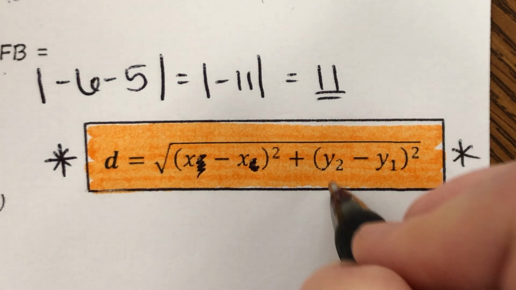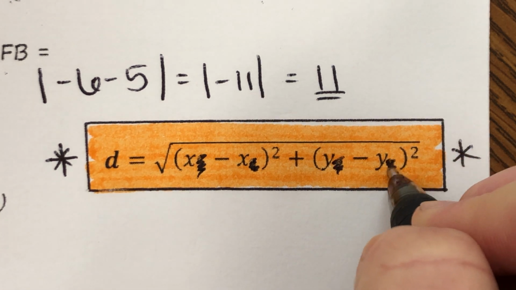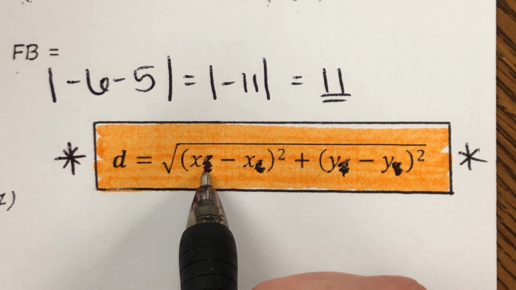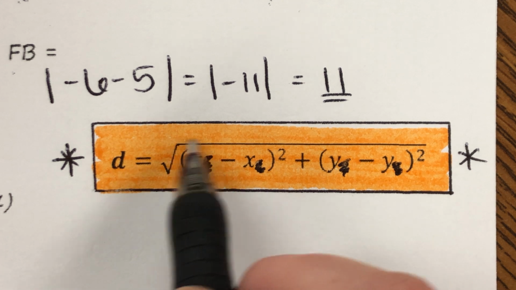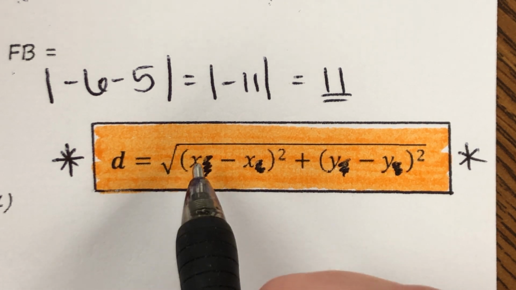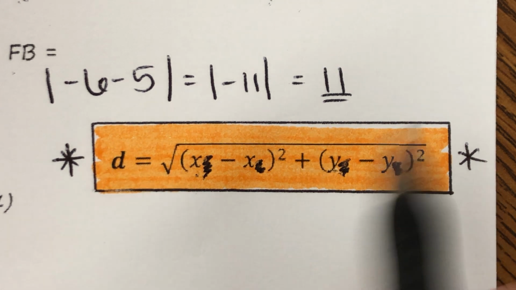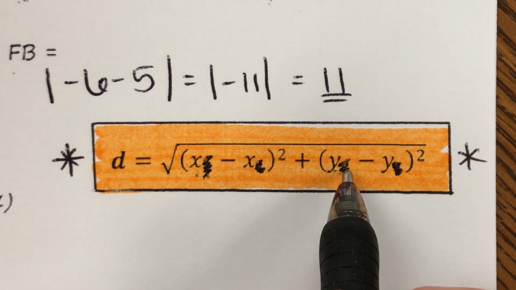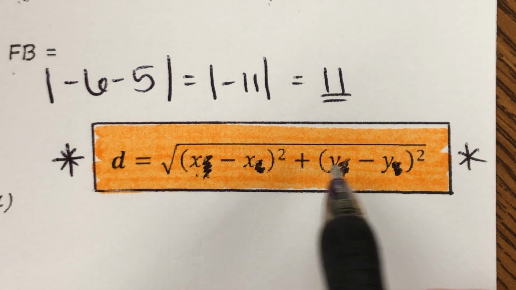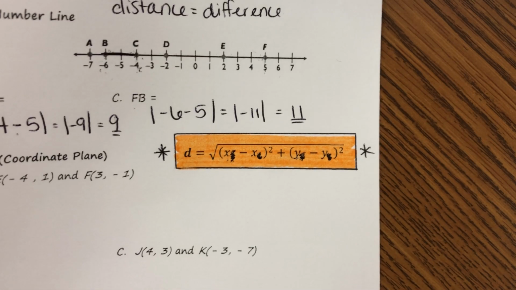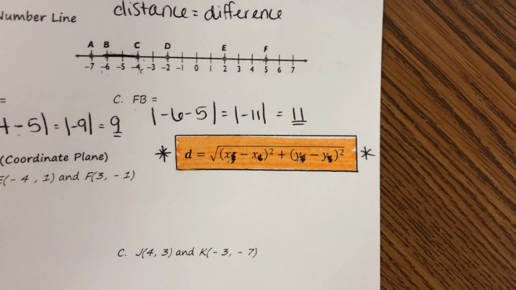What does matter is that whichever ordered pair you start with, whatever ordered pair you get your X from first, you have to use that same ordered pair to start with that same Y first. Doesn't matter which one it is, but whatever one you start with, you have to start with its partner first over here. So what the heck do I mean about that? Let's do an example and I will show you.